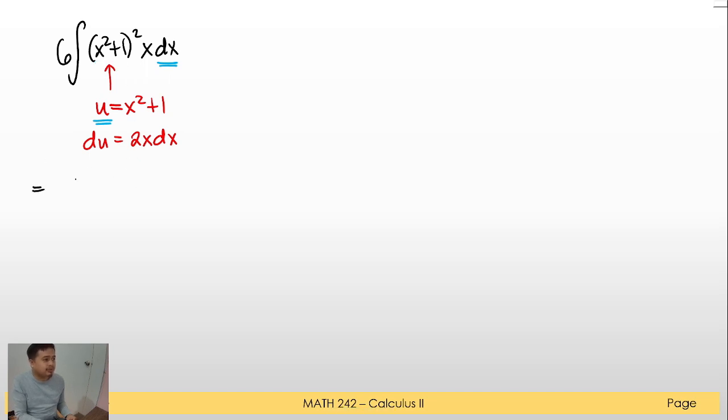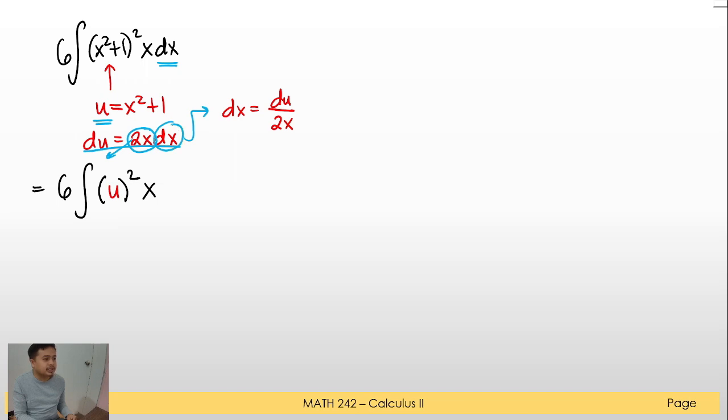So this will be equal to 6 times the integral of u squared and then x dx. So actually we have to also find this dx. Simplifying this, dx is equal to du over 2x. We simply cross multiply this 2x here.